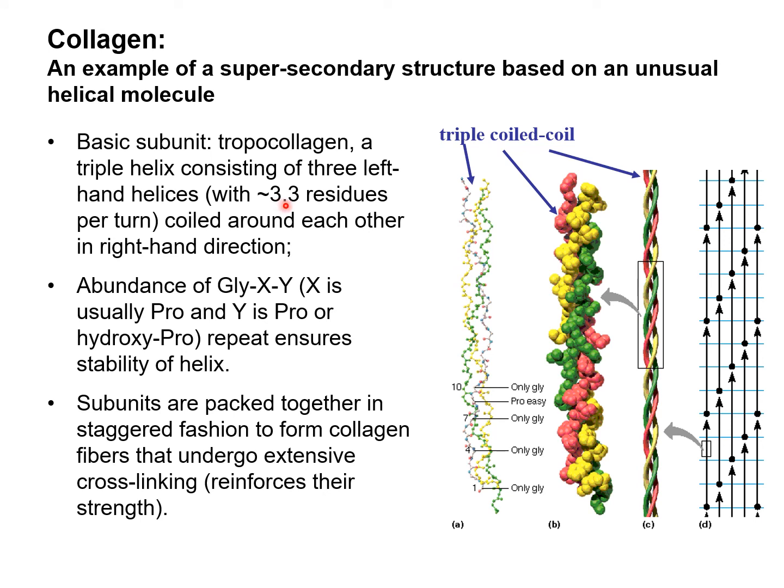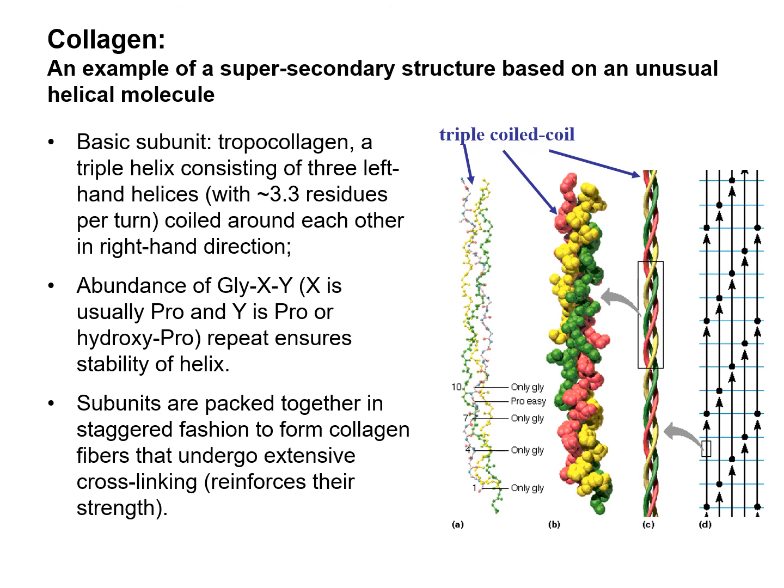And there are 3.3 residues per turn, so it's a little bit more twisted. But they are coiled around each other in a right-handed direction. So the subunit or the monomer itself is a left-handed helix, but 3 of them form the coil in a right-handed manner.